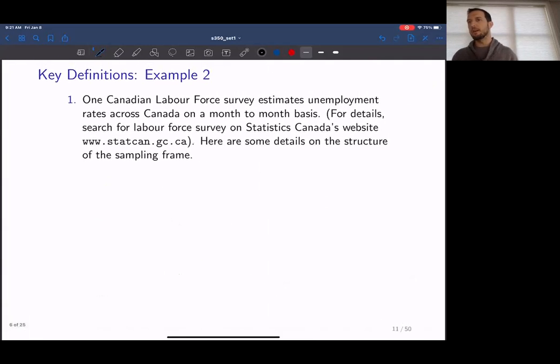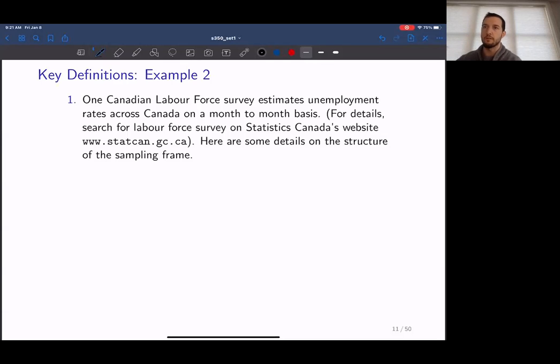Okay, second illustration. Now this is slightly different from the first illustration in that we're not going to break down the frame into its components, but we're just going to talk a little bit about how the frame or the sample is built based off of a formal evaluation from StatsCan. So we have here, one Canadian labor force survey estimates unemployment rates across Canada on a month-to-month basis.